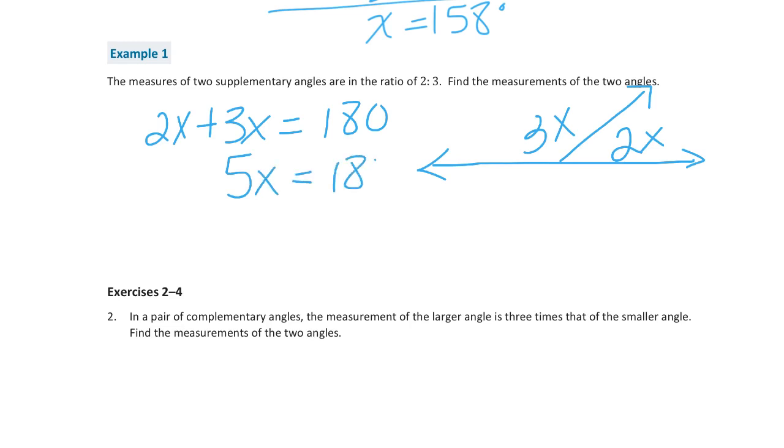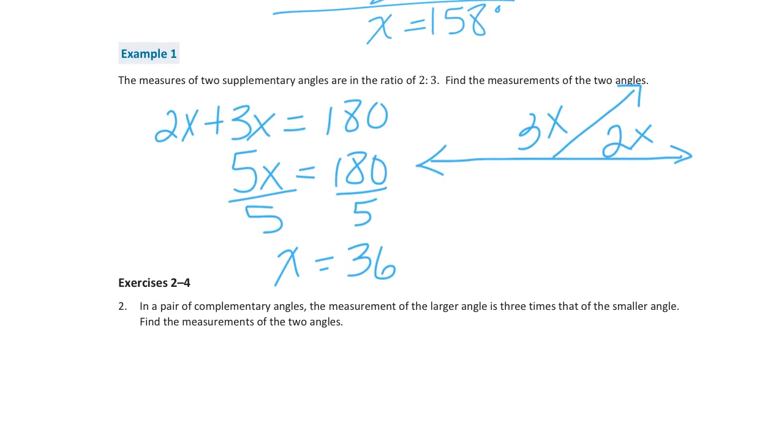So 2x plus 3x equals 180 because they're supplementary. 5x equals 180. And so when we divide both sides by 5, x is equal to 36. Okay, so then I come over here to my picture because I've got to find the measurements of the two.